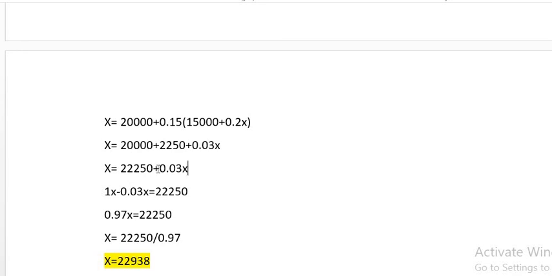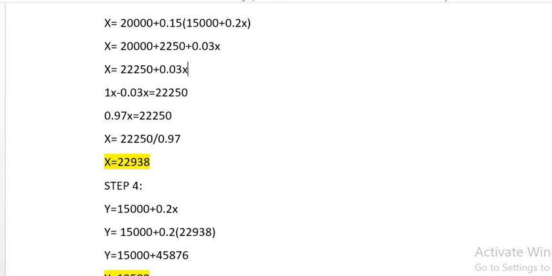So X is equal to 22,250 plus 0.03X. We move it to the left-hand side, so the plus is converted into minus: 1X minus 0.03X is equal to 22,250. Then 1X minus 0.03X means 0.97X is equal to 22,250. So X is equal to 22,250 divided by 0.97.